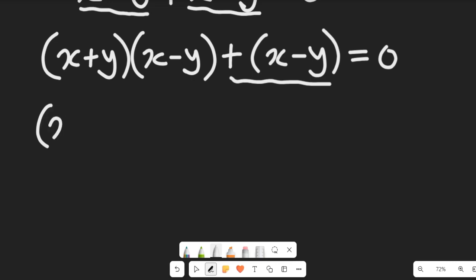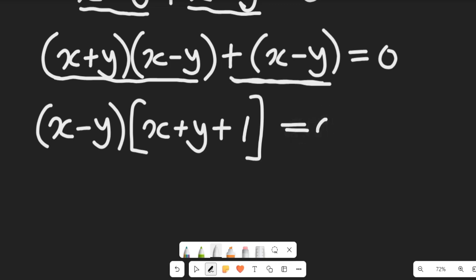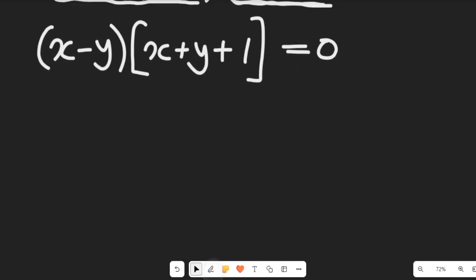So we're going to bring out the common term x minus y, and all of these divided by x minus y is going to give us x plus y, plus all of these divided by x minus y is going to give us 1, and all of these will be equal to 0, and this is more of the zero product law.